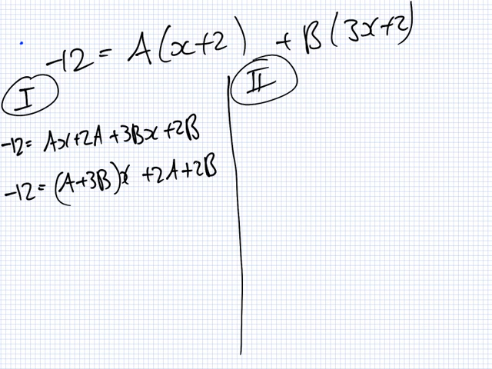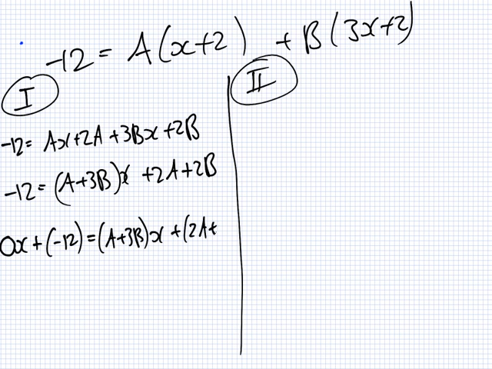Is that okay so far? So on the left you have 0x plus minus 12 equals (A plus 3B)x plus 2A plus 2B. The reason I wrote it like that is because technically this is not an equation, it's called an identity, and you represent an identity with 3 lines.